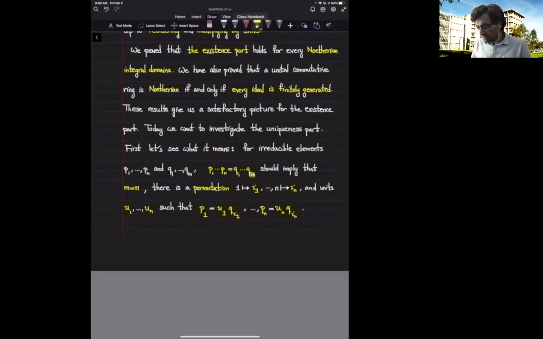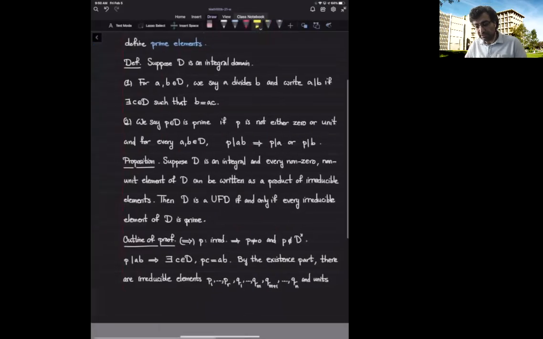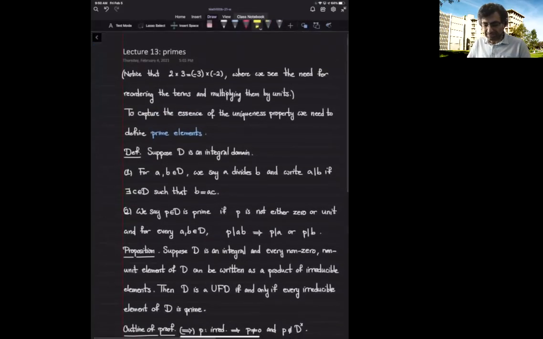So in the ring of integers, we also have this kind of property, and we have to be careful about this reordering and multiplying by units. For instance, 2 times 3 is the same as -3 times -2. As you can see here, both reordering of the terms and multiplying by a unit are important, and we cannot ignore them.